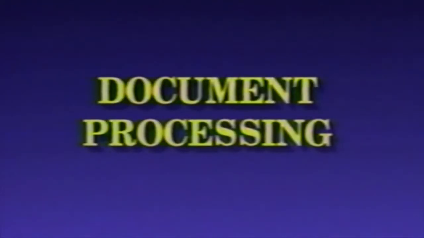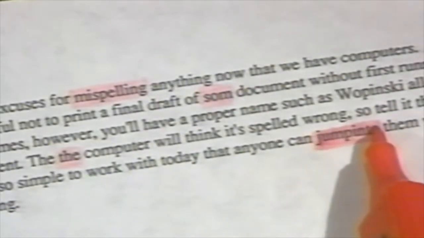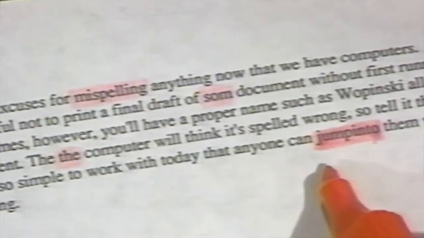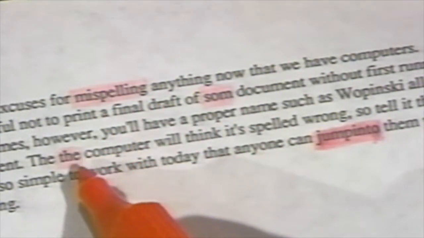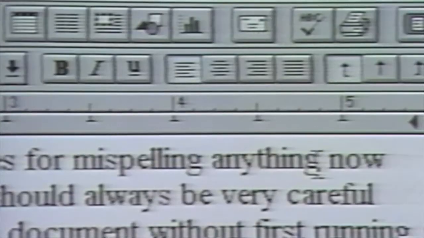In the Document Processing section, we'll cover opening and closing documents, checking spelling, and moving and finding text. We can use the spelling checker to automatically find typographical and spelling errors in the document.